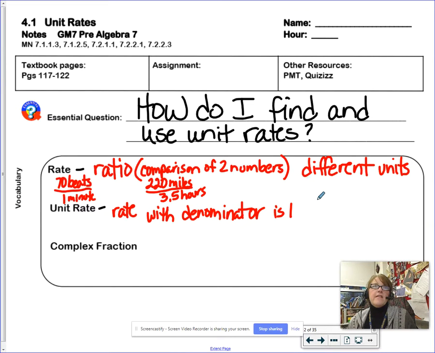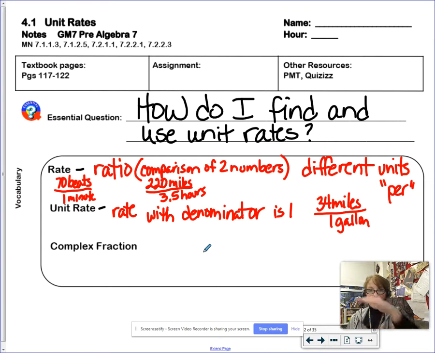Or if my car gets 34 miles per 1 gallon. Gas mileage, miles per gallon. Notice that you see this word per a lot. That's where your fraction bar is. That's the dividing mark, okay, to tell you which number goes top and bottom, okay?